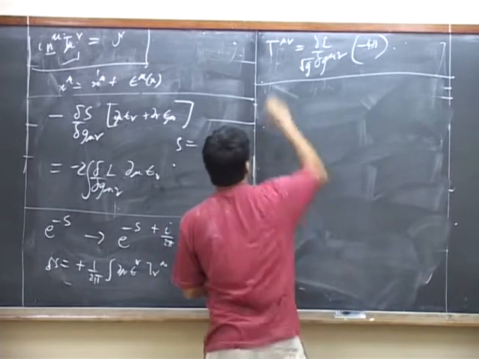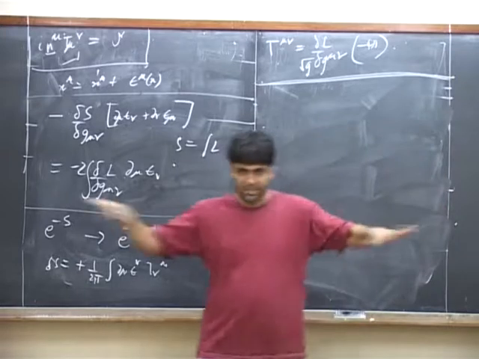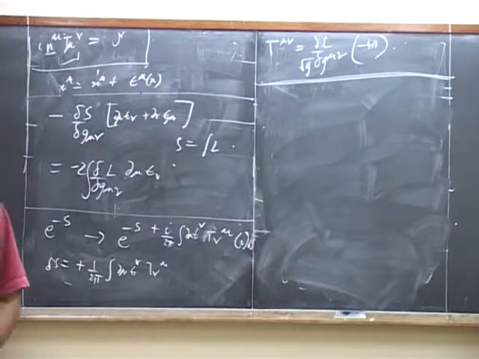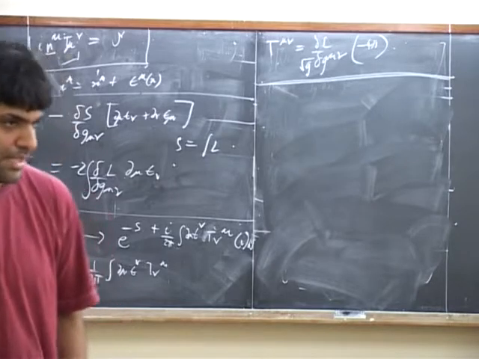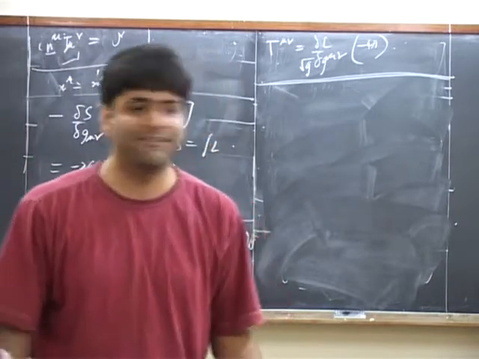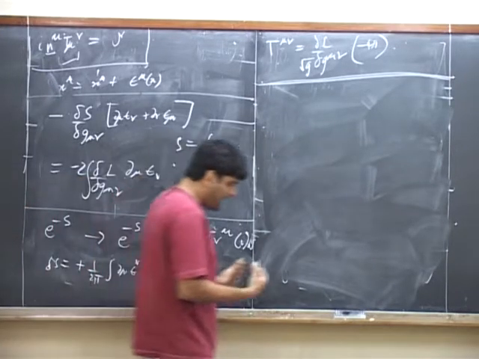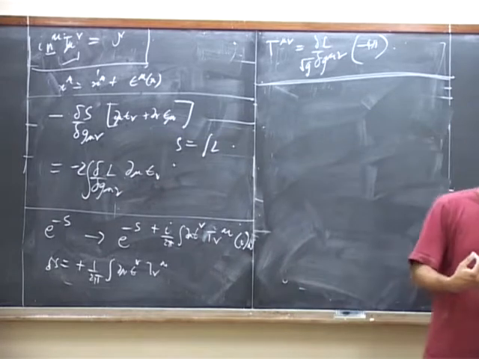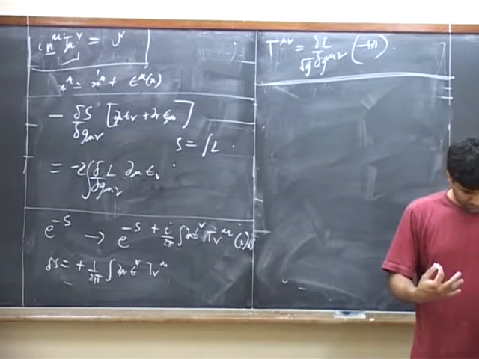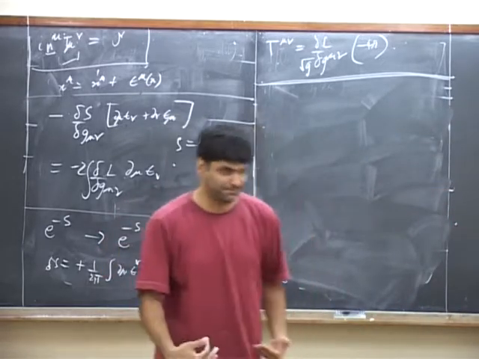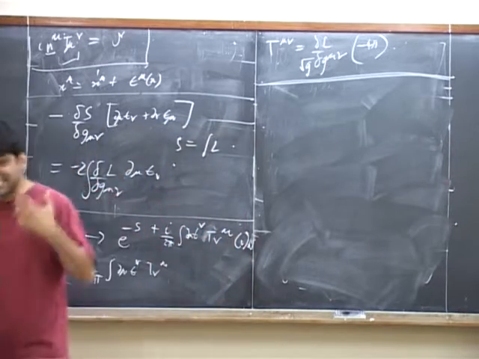Well, let's stick to working in flat space for a moment. We're in flat space, and the fact that the theory is conformally invariant implies just the fact that the theory is scale invariant.